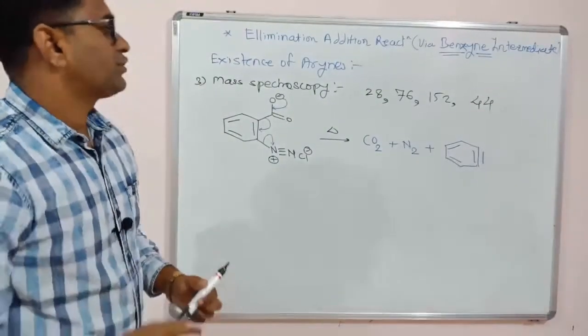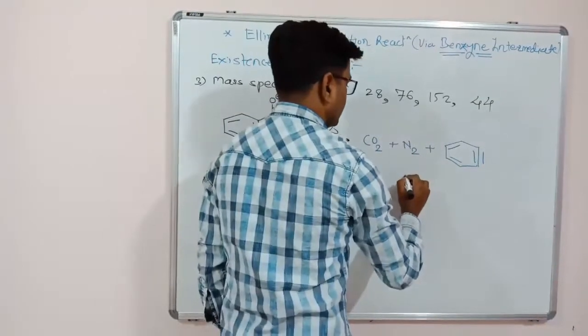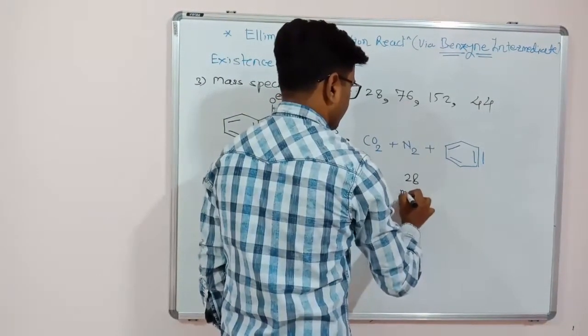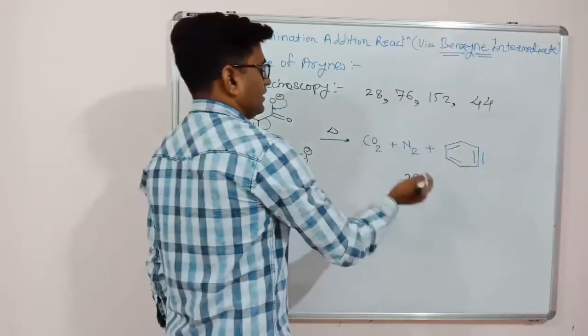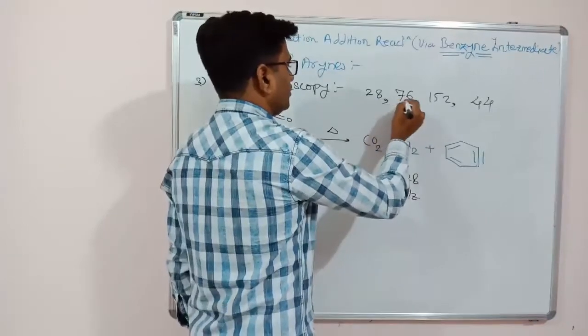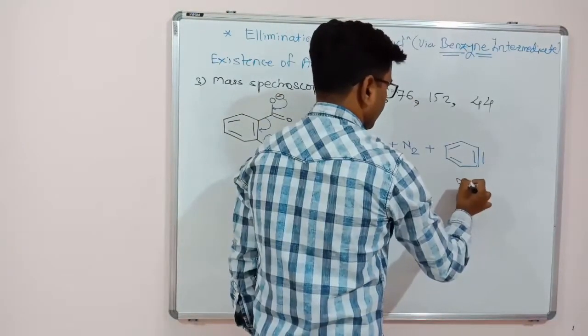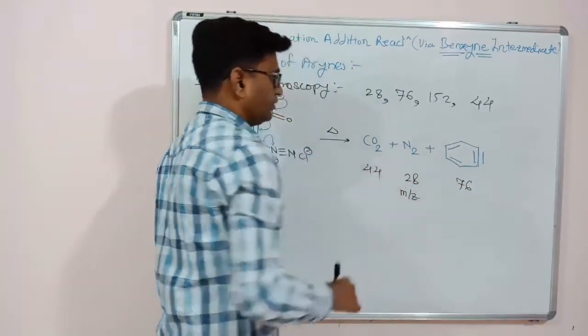So this mass spectrum shows the 28 peak for nitrogen, m/z, that is mass by charge. Okay, so this 76 is for benzyne. This 44 is for CO2.